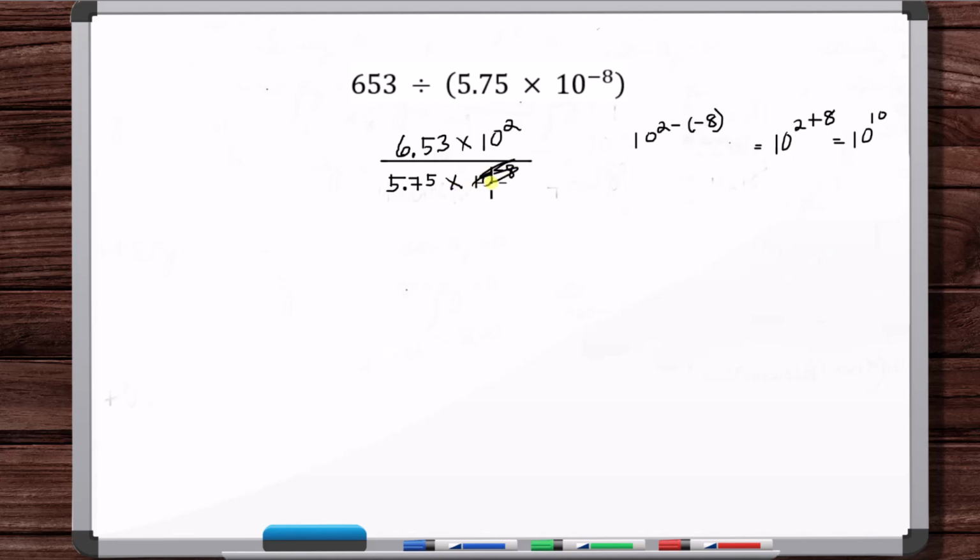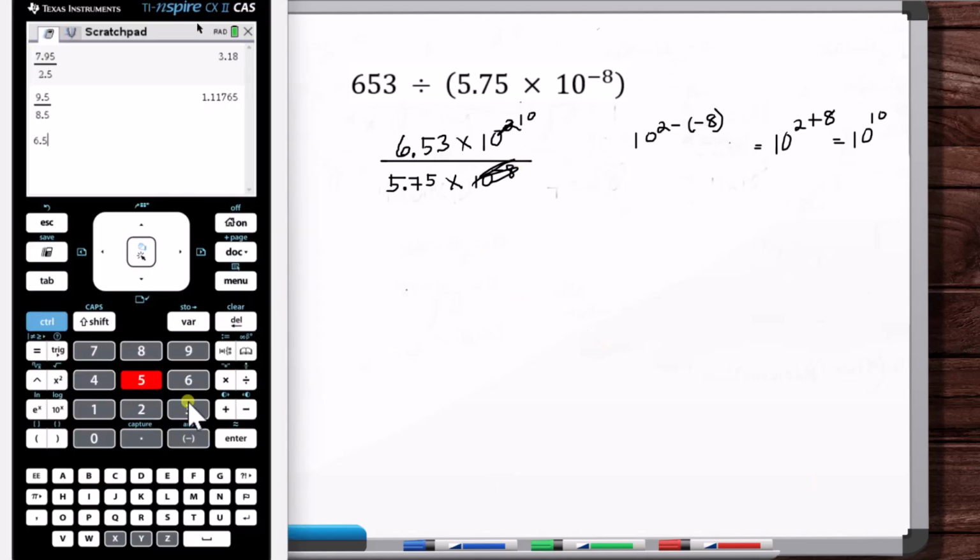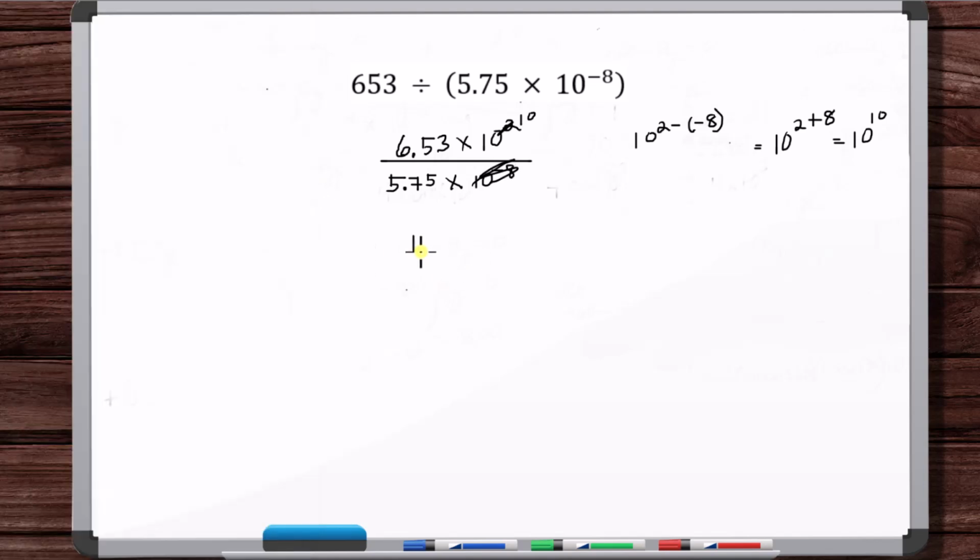So this goes away and you're left with 10 to the 10th. All right, now 6.53 divided by 5.75. Okay, we have three significant figures in both, so this would be 1.14. 1.14 times 10 to the 10th. And then this is already between 1 and 10, so this is our scientific notation. If this wasn't between 1 and 10, then we'd have to convert it. But this is the correct answer.